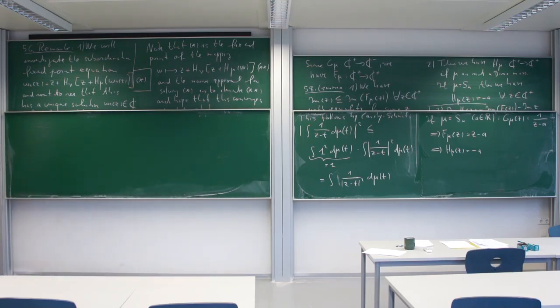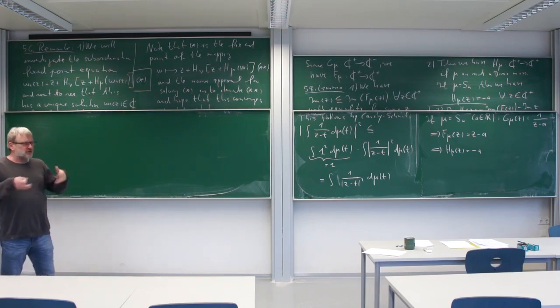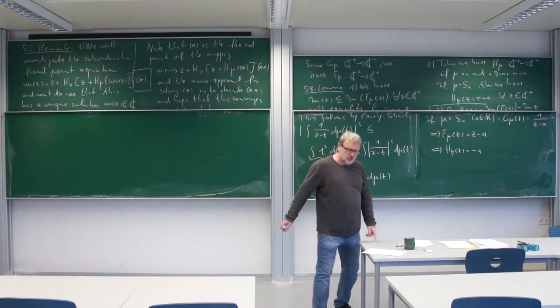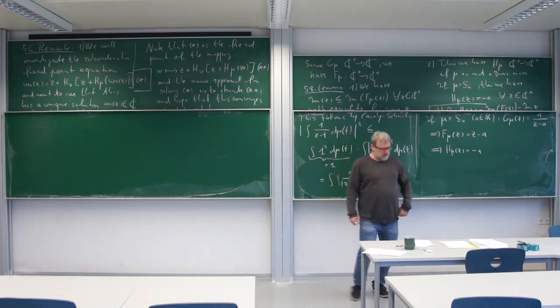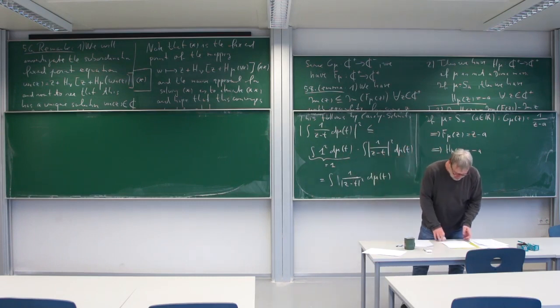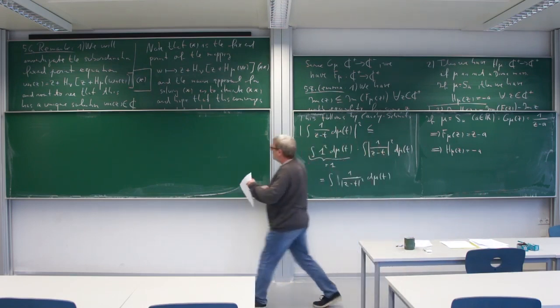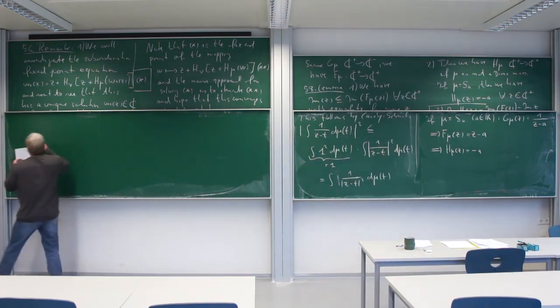Okay, so the following, I will always fix two measures, mu and nu, for which I want to calculate or define the free convolution, and this I want to do by solving the fixed point equation. Okay, so that's our notations.